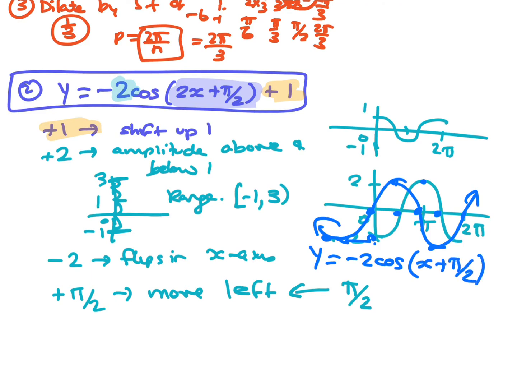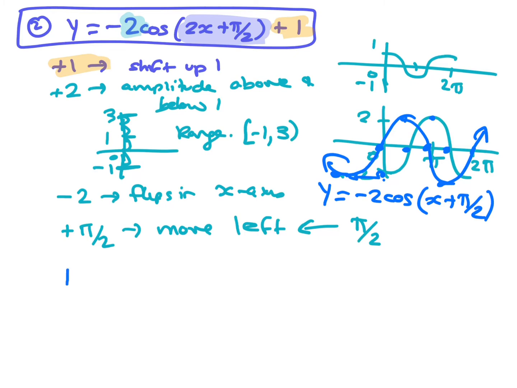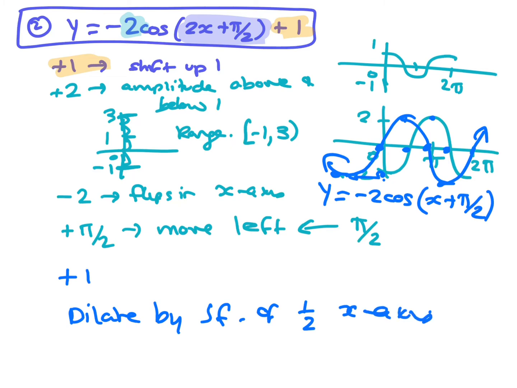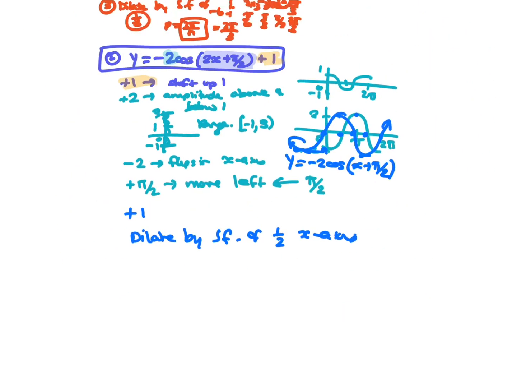Okay, I haven't added 1 yet. So the other thing you could do is you could move it up 1. And then the other thing you could do is you could dilate by a scale factor of half on the x-axis. Okay, so it's got to go up 1. So it's the same graph.